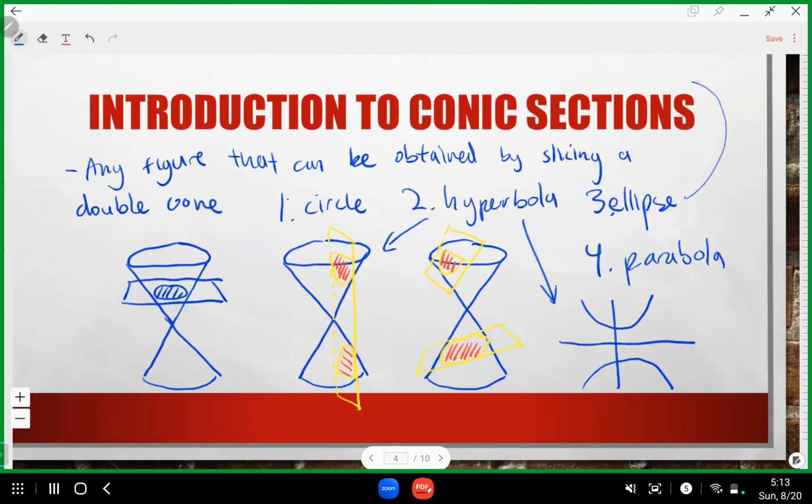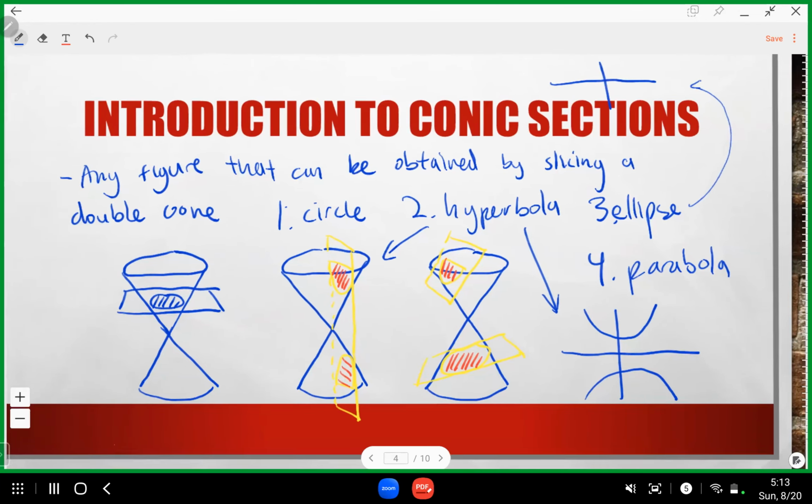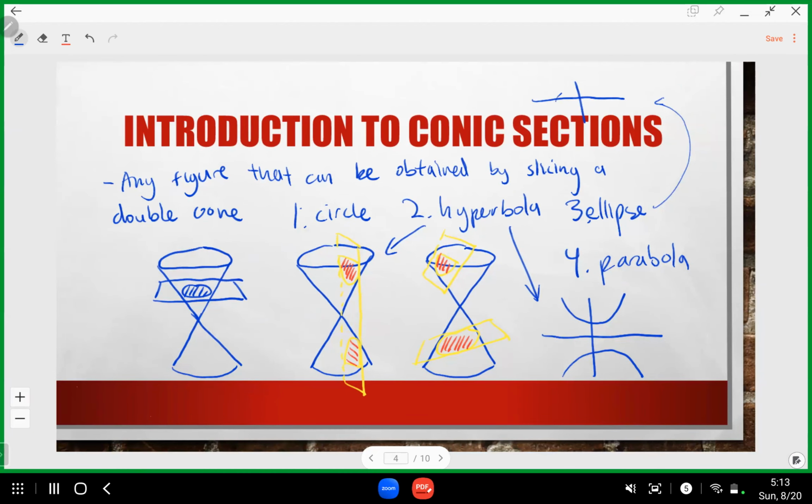You'll learn later about the general equations and that kind of stuff. Now, an ellipse is also decently easy to visualize because it's just an oval. When you think of an ellipse, think of an oval, right? It's basically like a circle, except it's either long or wide. And there's also a general equation for that too. So hopefully everybody was able to see why this is called a conic section and that kind of stuff, right?